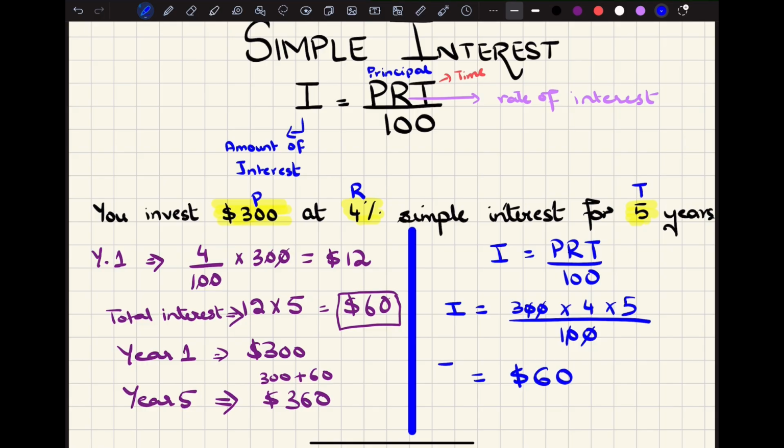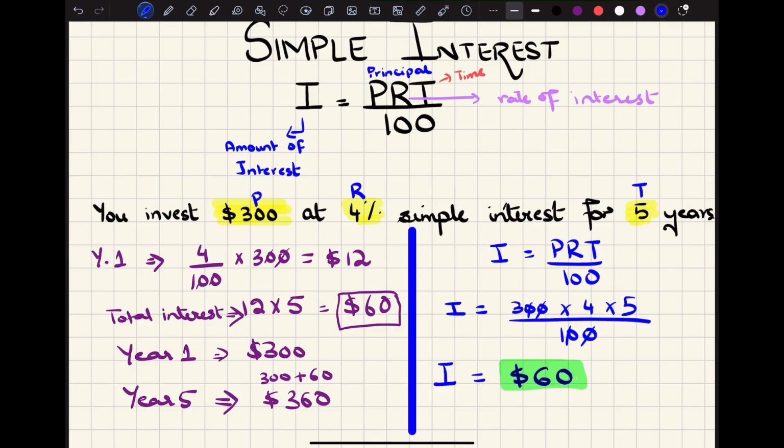So this formula is going to give you the total interest that you're going to earn over a period of 5 years. Okay, so if they ask you what is the amount that you're going to receive at the end of 5 years, you're not going to write $60.